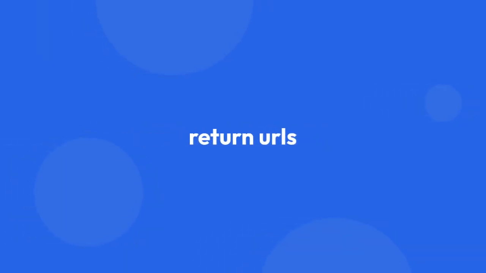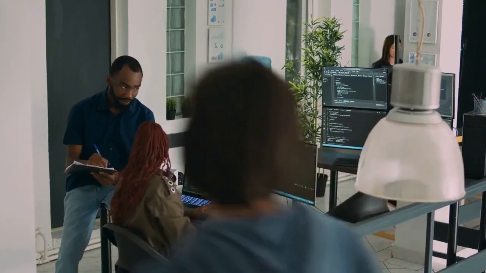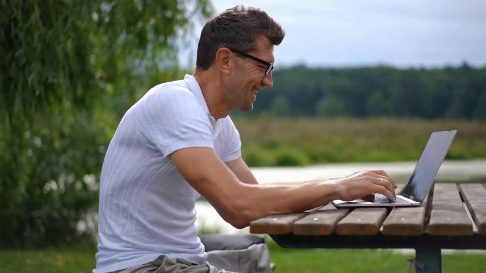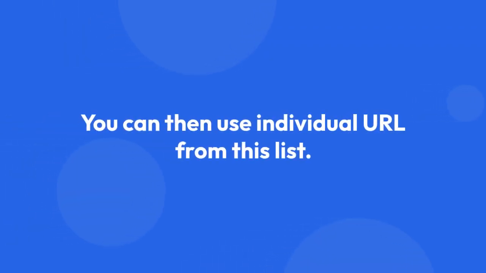Return urls. file_path = 'your_m3u_file.m3u' # replace with your M3U file path. urls = extract_urls(file_path). print(urls). This will print a list of URLs. You can then use an individual URL from this list.